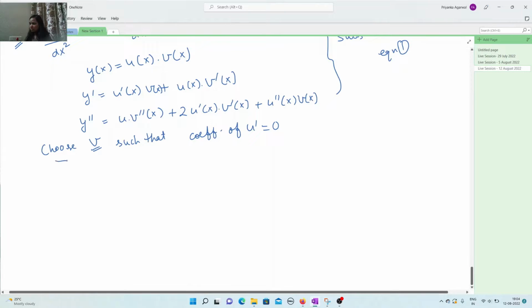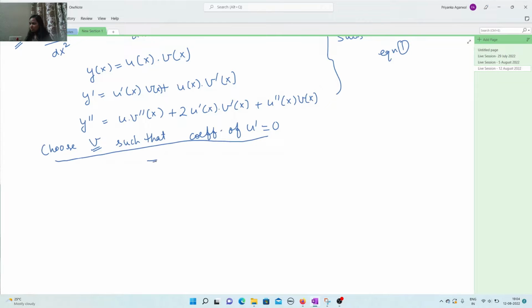This has already been shown below, just how to do it, and what we get as a result is that u of x can be written as c into e to the power minus 1 by 2 integral of p of x dx. So in this case p of x is minus 2 tan x.